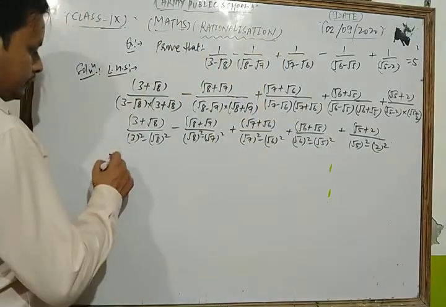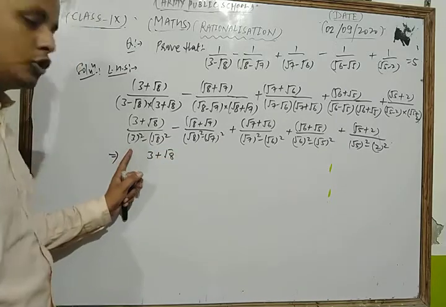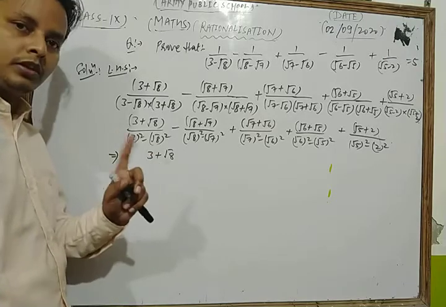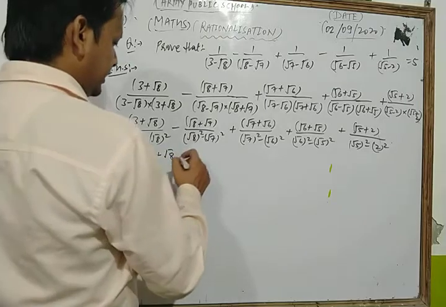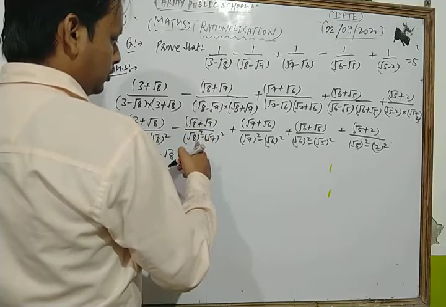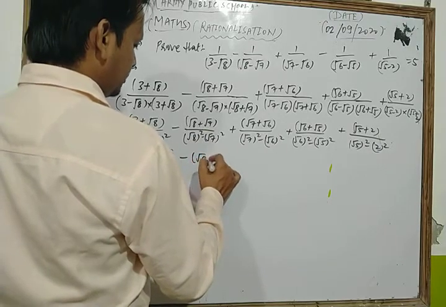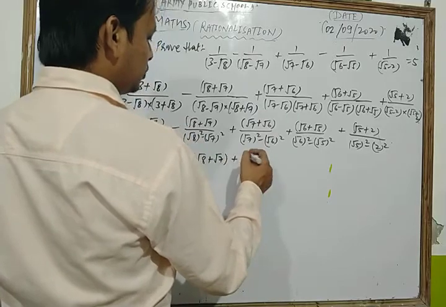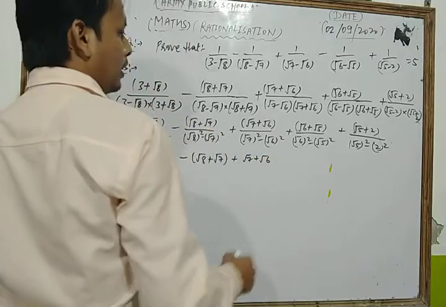Now look, dear students, we write 3 plus root 8, and in the denominator 3 threes are 9 minus root 8 square, which is 8. So 9 minus 8 is 1. 1 is never written, so we only get 3 plus root 8. Same here: root 8 square is 8, 8 minus 7 is 1, so we get only root 8 plus root 7. Here this is also 1, so we get only root 7 plus root 6.